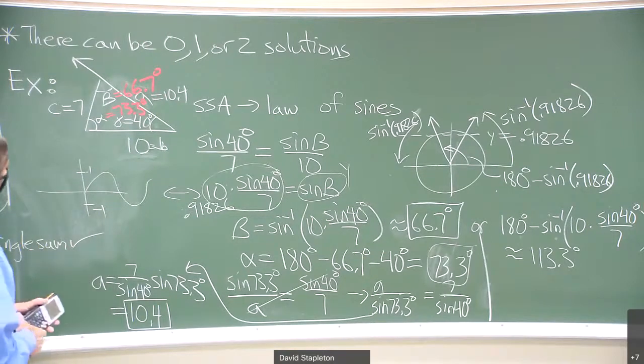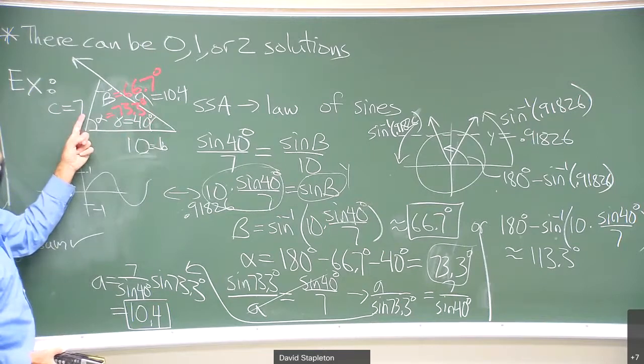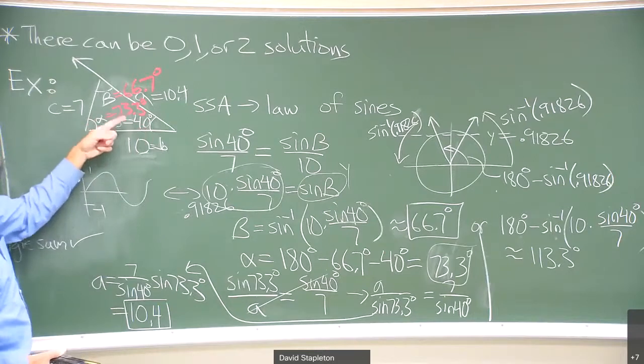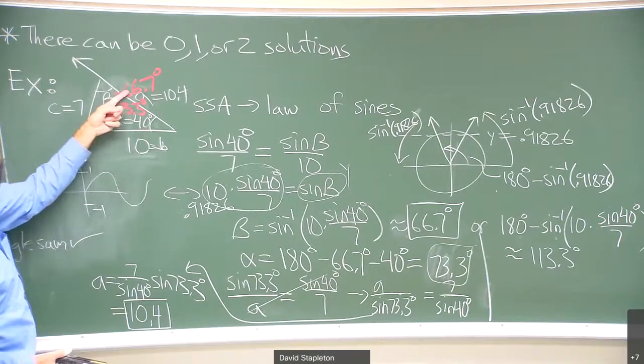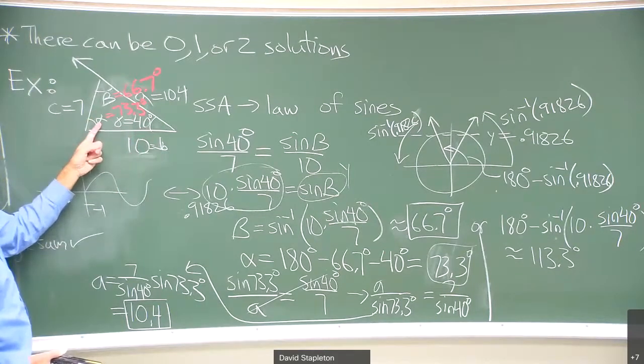You look for the 3 bears rule, right? The shortest side 7 is opposite the smallest angle. Yeah, the next shortest side, let's see, 10 is opposite the next smallest angle, yeah? Oh, wait a minute, is that right? Yep. Okay.